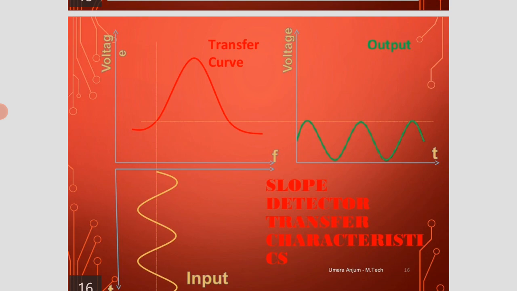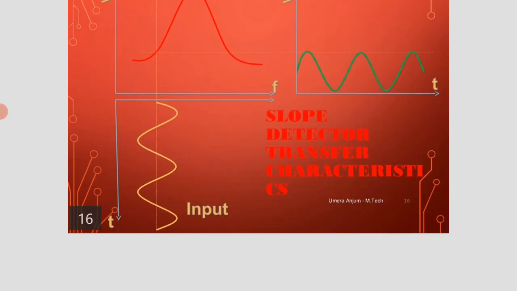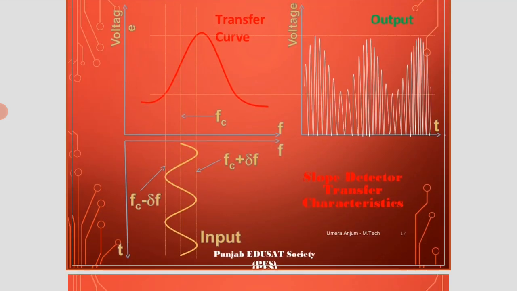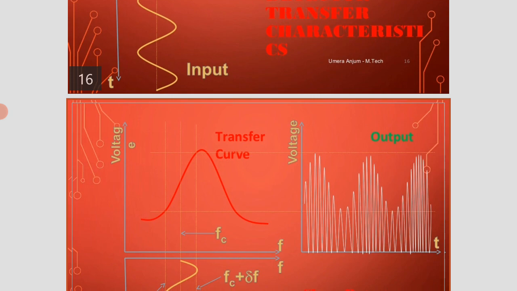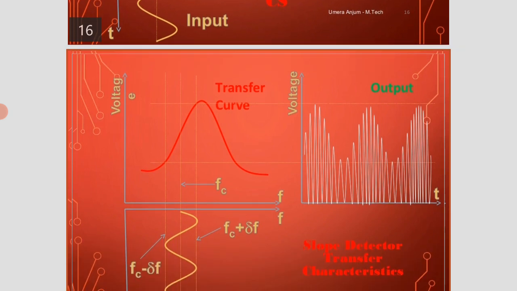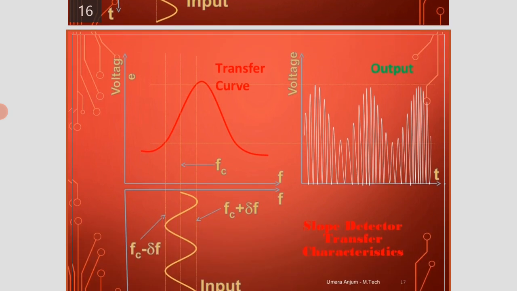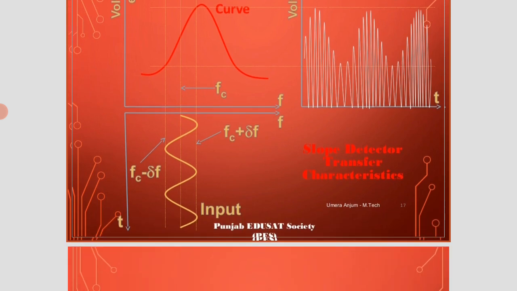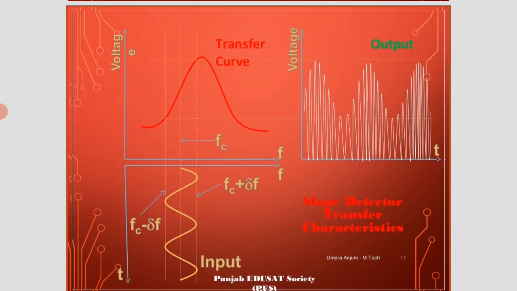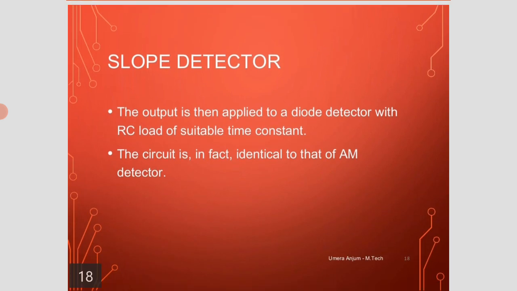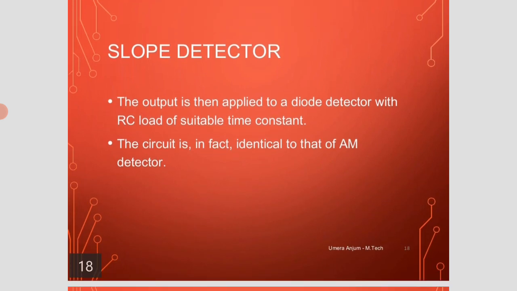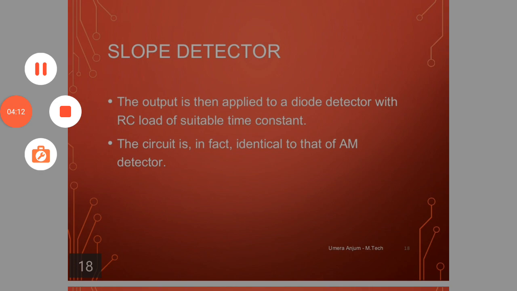In the slope detector transfer characteristics, the frequency will vary in accordance with the input signal. The main function of the slope detector: the output is applied to a diode detector with an RC load of a suitable time constant. The circuit is in fact identical to that of an AM detector.